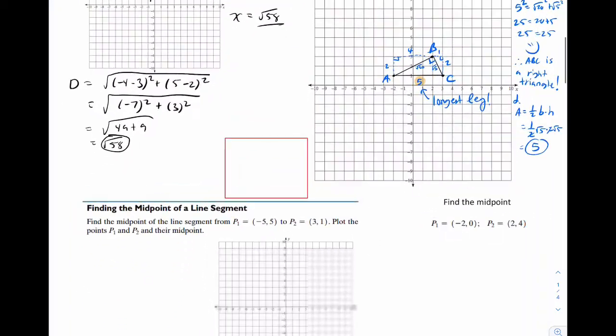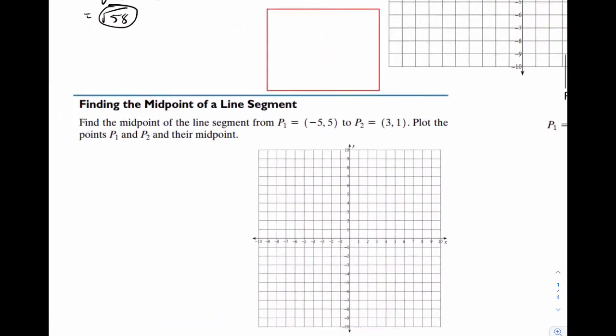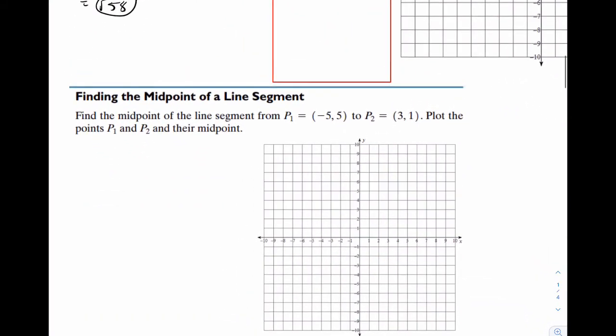Now the final concept today is going to be midpoint. So notice how it says finding the midpoint of a line segment. So to show you just what we're doing, draw a line segment right here. Let's call the endpoints A and B. The midpoint is simply the point in the middle. That's your midpoint.